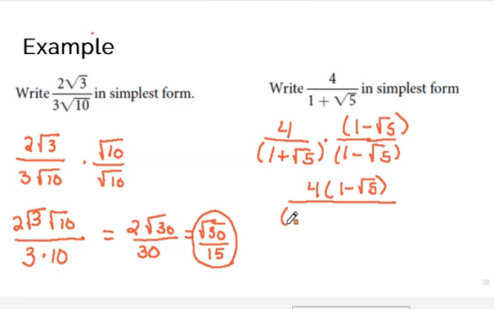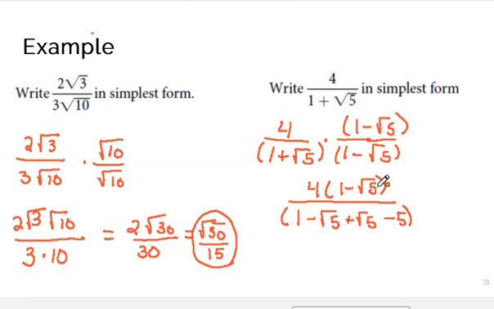So let's do that. 1 times 1 is 1. 1 times negative square root of 5 is negative square root of 5. Square root of 5 times 1 is positive square root of 5. Square root of 5 times square root of 5, well, we're squaring essentially two square roots. The square root's going to cancel out, so we're going to have 5, but it's minus, so it's minus 5.